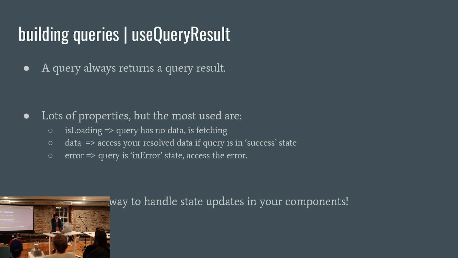And why this is so sick is because it limits the amount of code you have to put in your components, like by far, because you have access to all of your state status in one line of code, pretty much. You can see if it's currently fetching, you could get the data right away and see if it's an error, and then display things to the user based off of that.